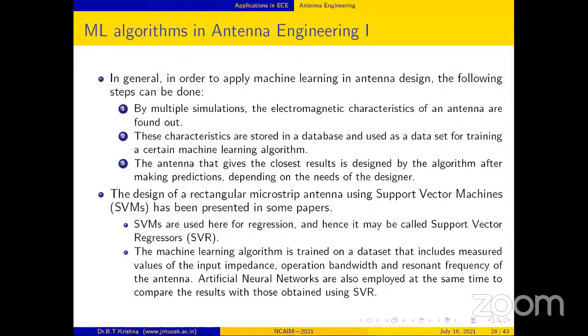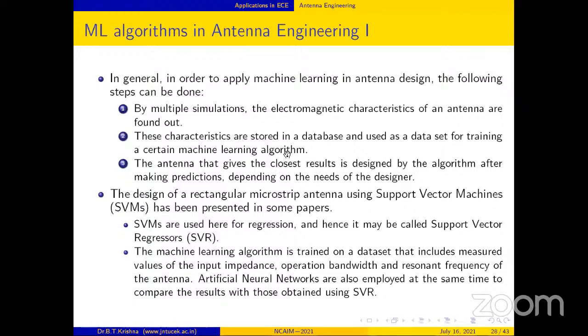In the case of antenna engineering, in machine learning algorithms, the basic requirement is always getting data. So first you have to do some simulations using software, HFSS or any other software. The electromagnetic characteristics of the antenna have to be found out.